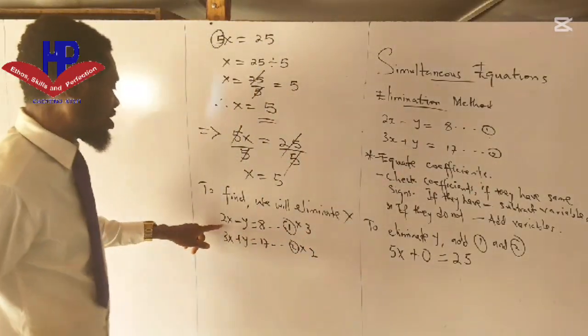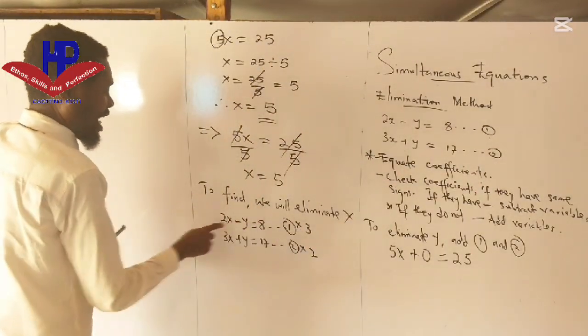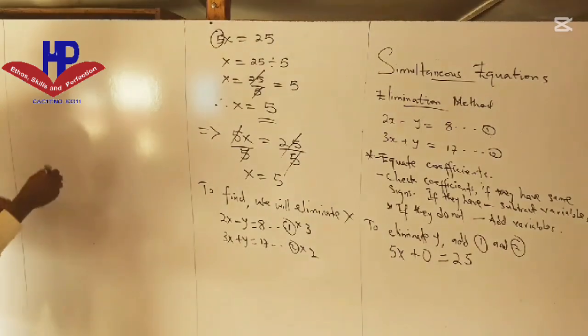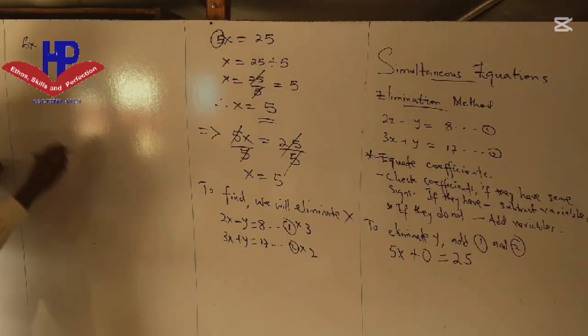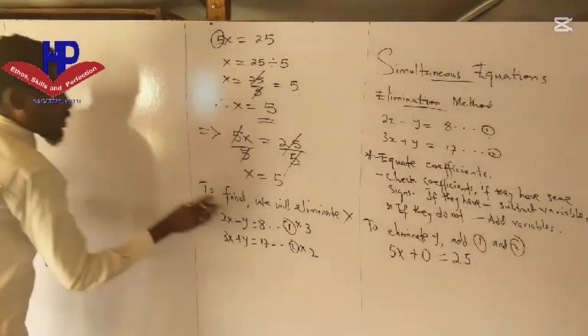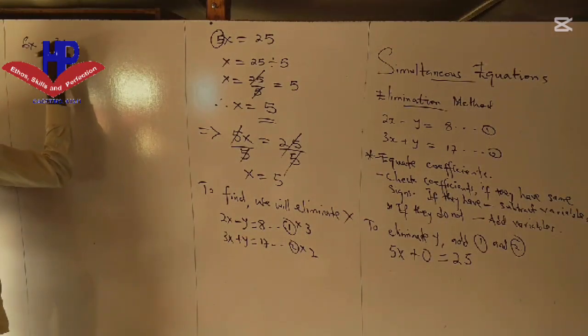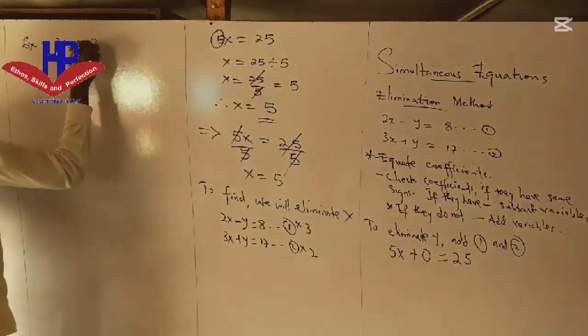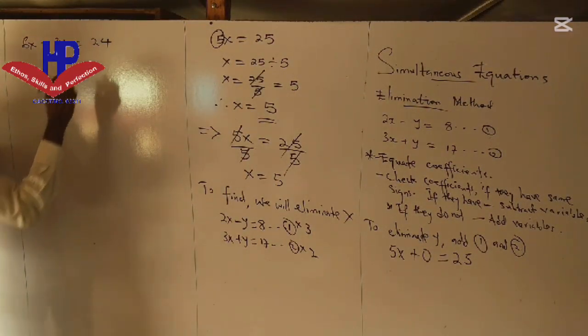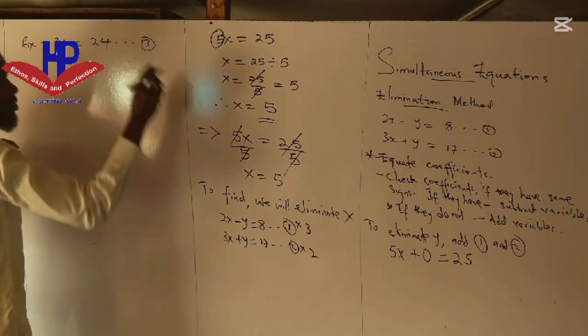And when we do that, 3 times 2x will give us 6x, 3 times minus y will give us minus 3y, is equal to 3 times 8, which gives us 24. We're done with that. I'll call that equation 3.